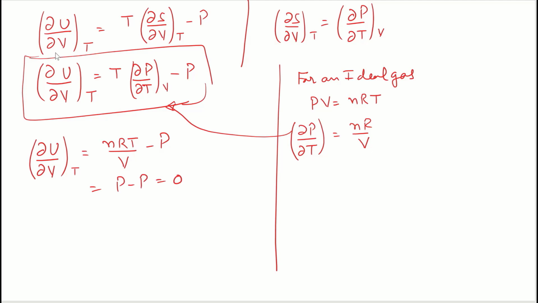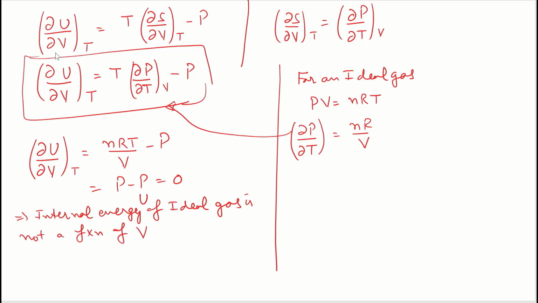So what does it mean basically? That means the change in internal energy of the ideal gas with change in volume at constant temperature is equal to 0. Okay, so this means that the internal energy U of an ideal gas is not a function of volume.